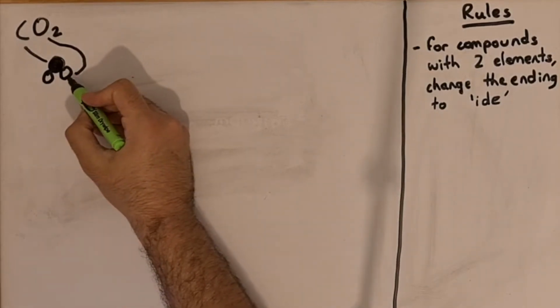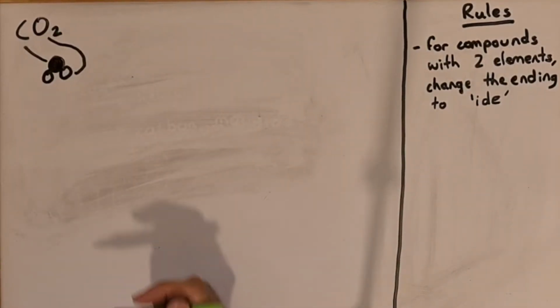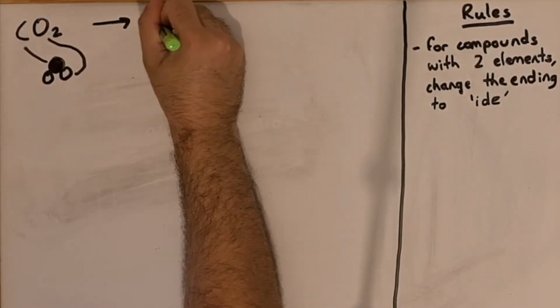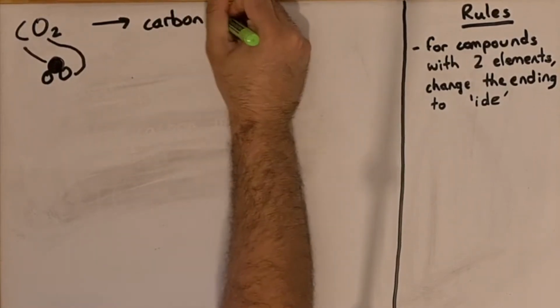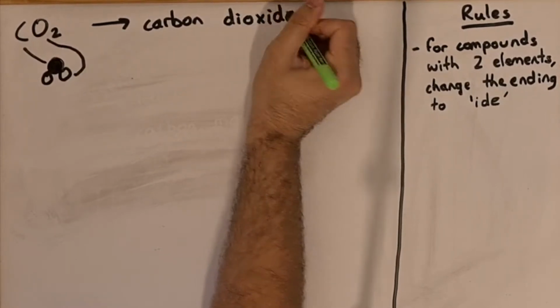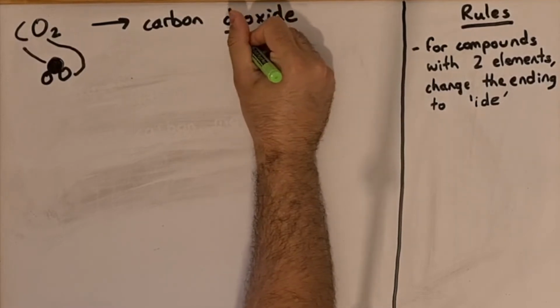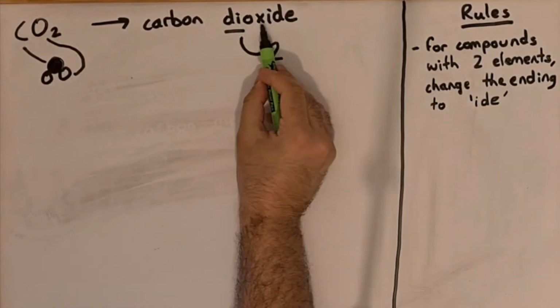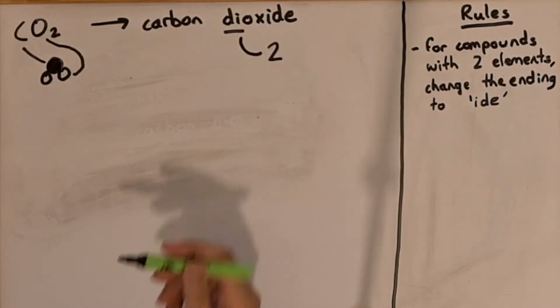So that would be a molecule of CO2. To name this, we call it carbon, for the first element, dioxide. Carbon dioxide. And that di part is a prefix that means two. So it's got two atoms of oxygen in each molecule.